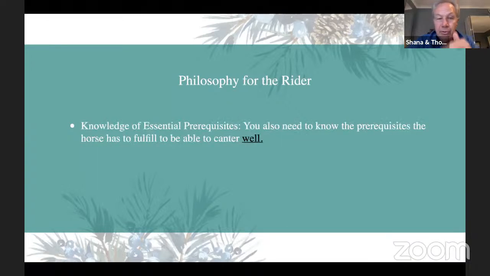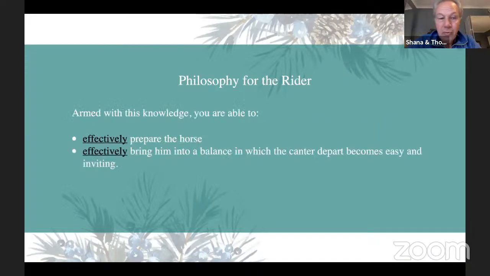Then you can help the horse with the preparation and with the transition. You have to know also what prerequisites have to be fulfilled before it makes sense to canter, or before the horse is able to canter in good balance. And when you know these things, then you can prepare the horse effectively. You can bring him into a balance in which the canter depart is easy and inviting.